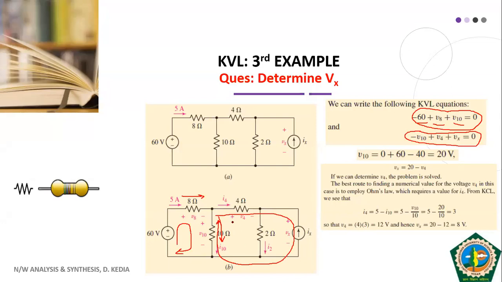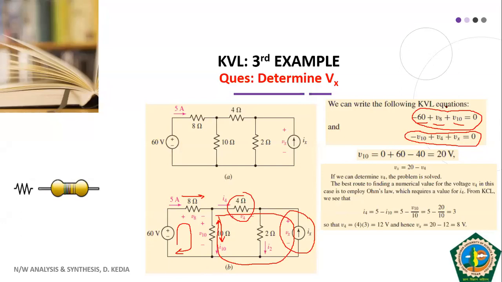We enter V10 from the downward direction, that is negative, so we get minus V10. Then we have plus V4, then plus Vx. If we take the algebraic sum, we get minus V10 plus V4 plus Vx equal to 0.